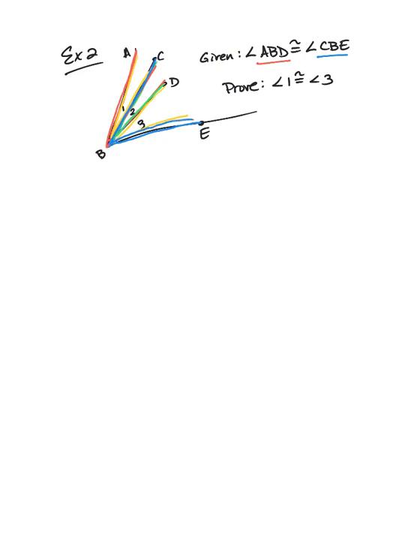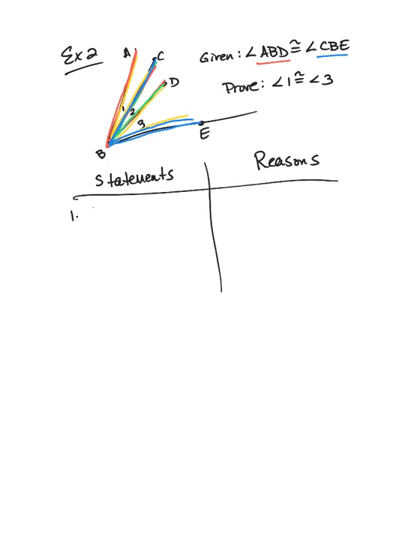Well, in order to subtract it, first you set up your proof, statements, reasons, and you need to start by putting your given, angle ABD congruent to angle CBE, given. And then we're going to put that angle 2 is congruent to angle 2.